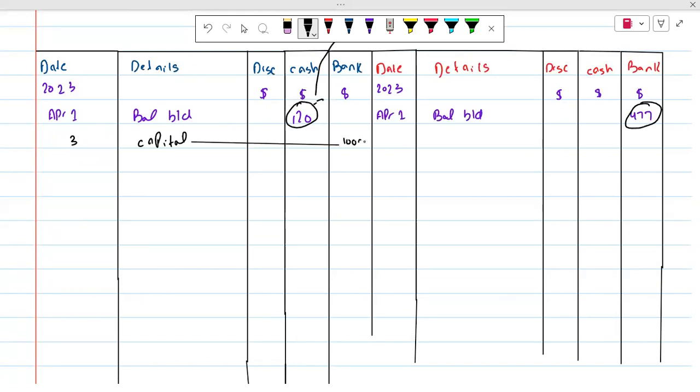He transferred that $1,000 into the business bank account, so we will record $1,000 on the debit side in the bank column.